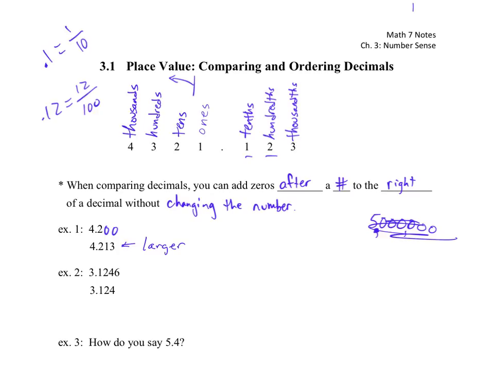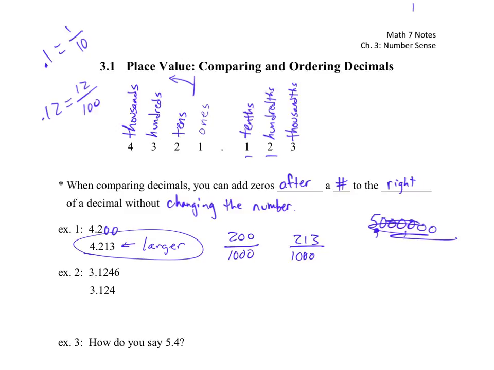And you could look at those decimals as though the first one is saying 4 and 200 thousandths, where that second one is 4 and 213 thousandths. That 213 is a bigger amount. It's 213 of the 1,000 pieces instead of just 200 of the 1,000 pieces. Does that kind of work for people? I would at least write this here if I were you. If you think the fractions will help, then write it down. So, does that make sense, people?